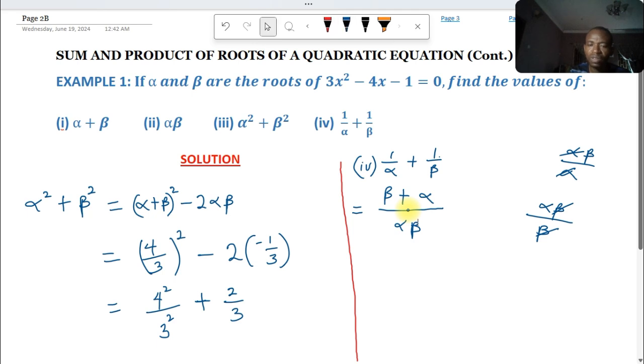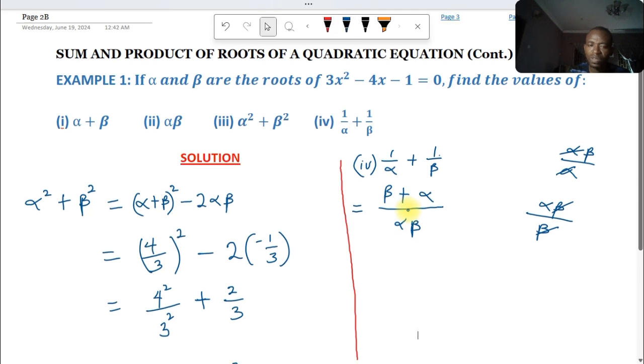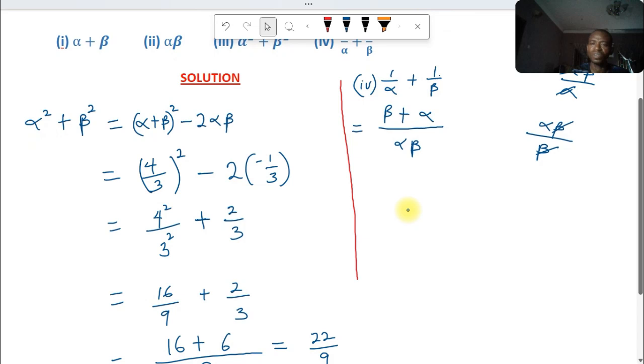So at the end of the day, what do we have left? At the top, that is the numerator, we have the sum of the roots. I can rearrange this as alpha plus beta over alpha beta.